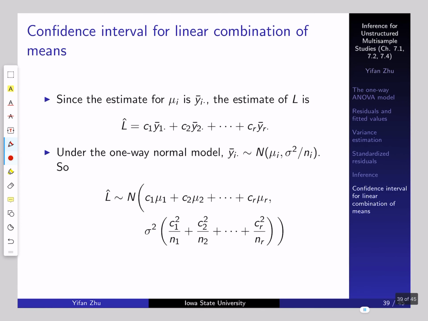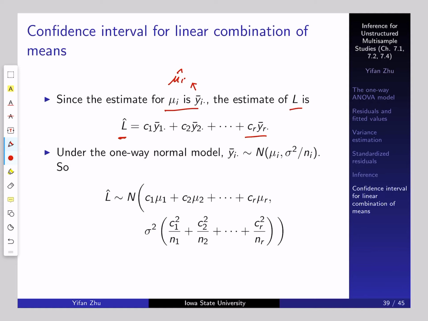Since we estimate mu i using Yi dot bar, the estimate of L is simply replacing mu i with Yi dot bar. We use L hat to denote the estimate of L. L hat is C1 times Y1 dot bar plus C2 times Y2 dot bar plus up to CR times YR dot bar.